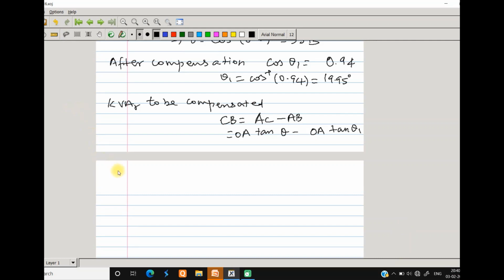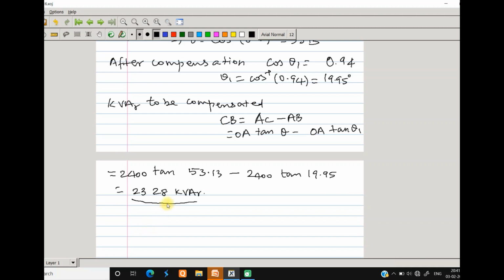From the above equation, OA is 2400, so it is 2400 into tan 53.13 minus 2400 into tan 19.95. From this we find the value of kVAR to be compensated will be 2328 kVAR.